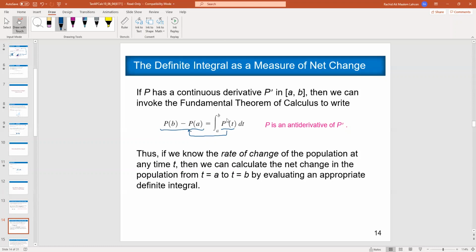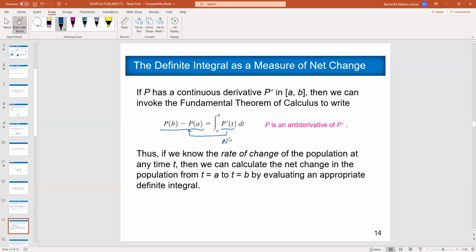So if you have a derivative inside, then you're finding the function as the antiderivative. This will allow us to use it directly in applications, because if you're finding a concentration or a population, you're using the same variable.